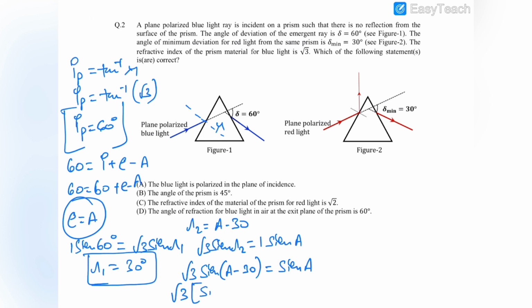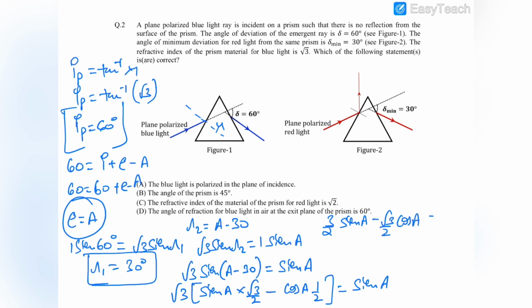So it would be sine A cos 30, which is root 3 by 2, minus cos A sine 30, which is 1 by 2, and it is equal to sine A. So you can see that this is 3 by 2 sine A minus root 3 by 2 cos A equal to sine A, and sine A by 2 is equal to root 3 by 2 cos A. So tan A is equal to root 3, and A is hence equal to 60 degrees.